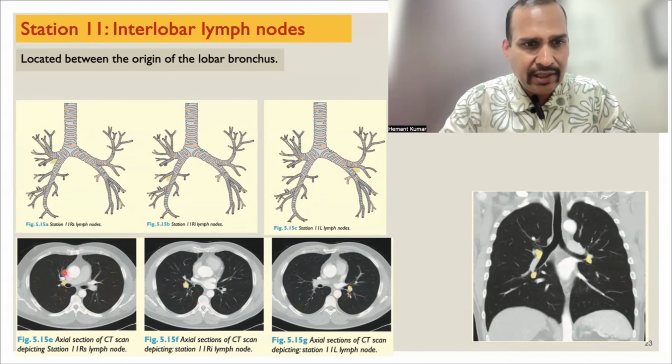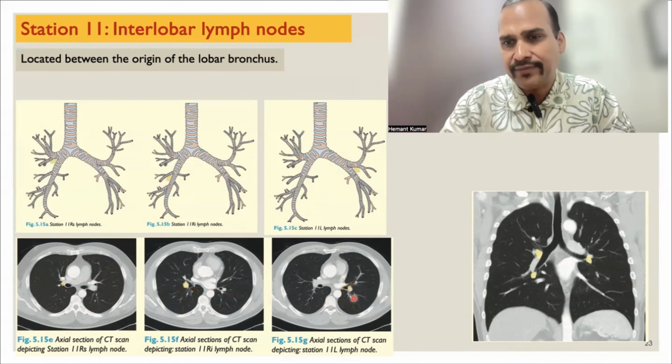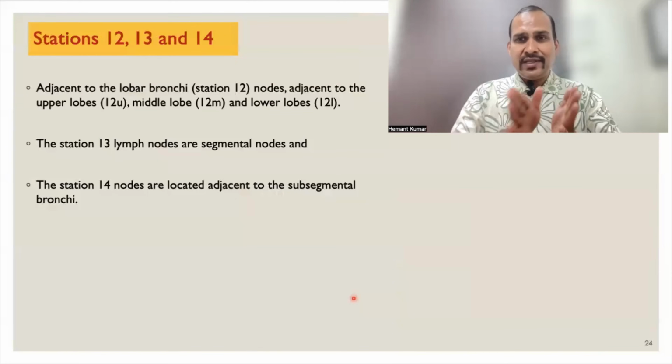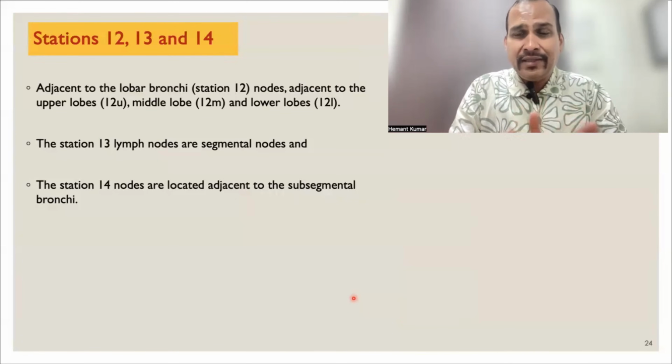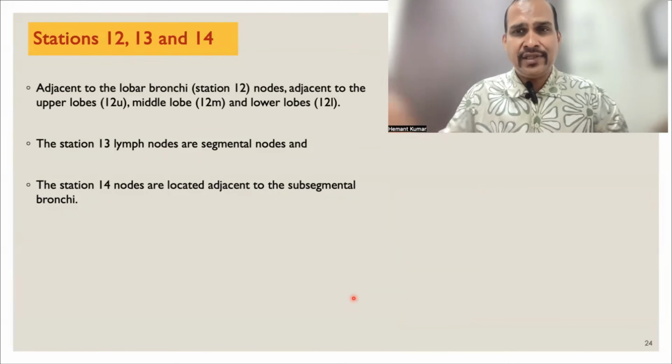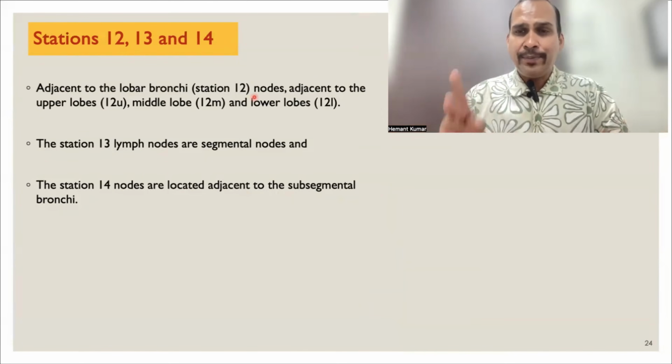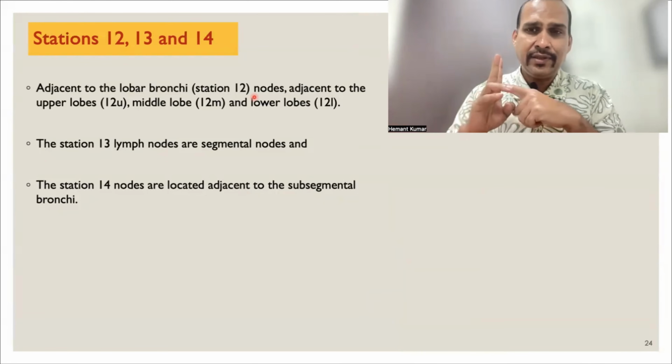This is 11R, 11RI intermediate, and this is 11L. This is 11. So 12, 13, 14 are again distal to 11. Station 12 is adjacent to the lobar bronchi, along the lobar bronchi.